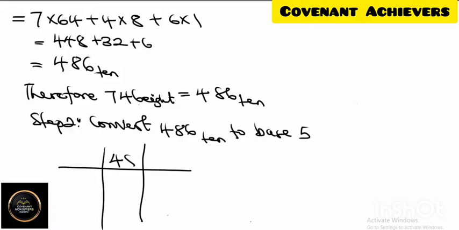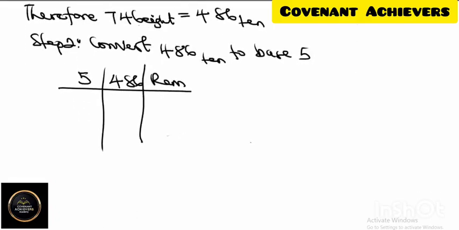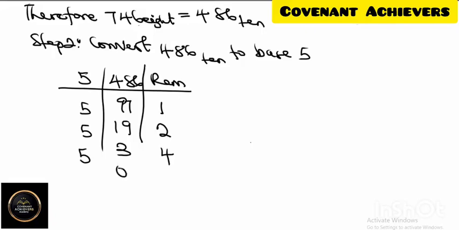That is 486, and this is where you have the remainder, then you have 5 here. 5 goes in 486, that is 97, remainder 1. 5 goes in 97, that's 19, remainder 2. 5 goes in 19, that's 3, remainder 4. And 5 goes in 3, that is 0, remainder 3. So it is going to be read in this upward direction.